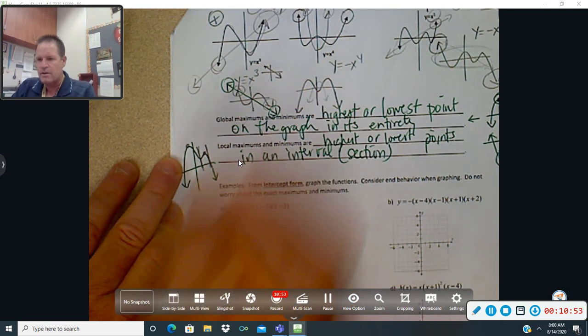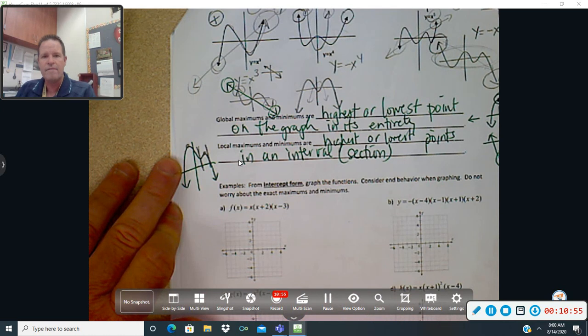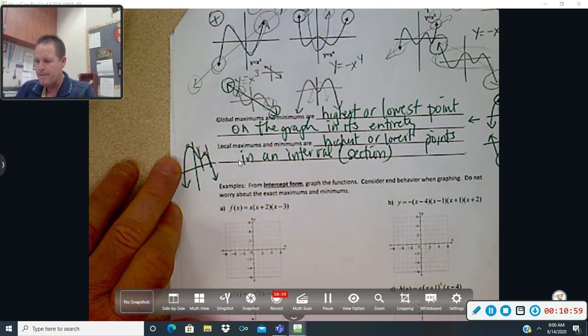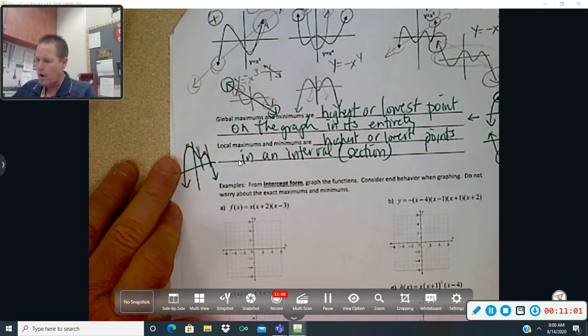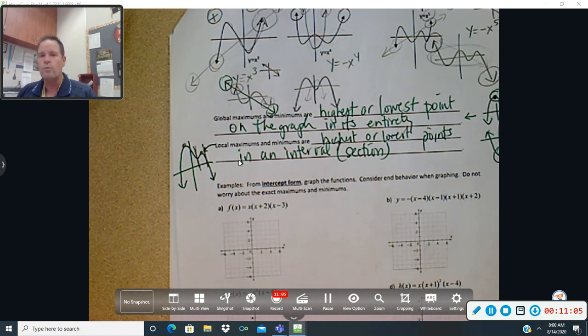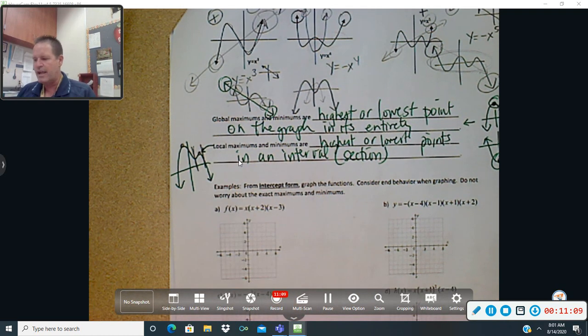This would be considered the highest point of the entire graph. So this is the highest point in this section. That is what we would call a local maximum, sometimes called relative maximums or minimums, because in that section it's the highest and lowest points. Now, good news is we don't really do much with maximums and minimums. If they come up, I'll give them to you, but there are some techniques for finding those that come up in later classes, but you need that information.